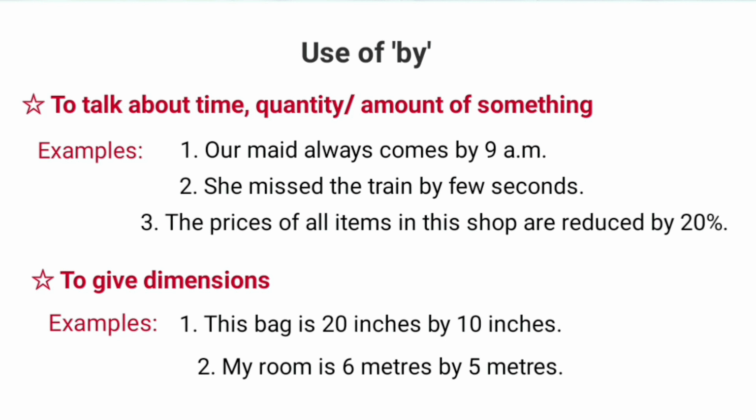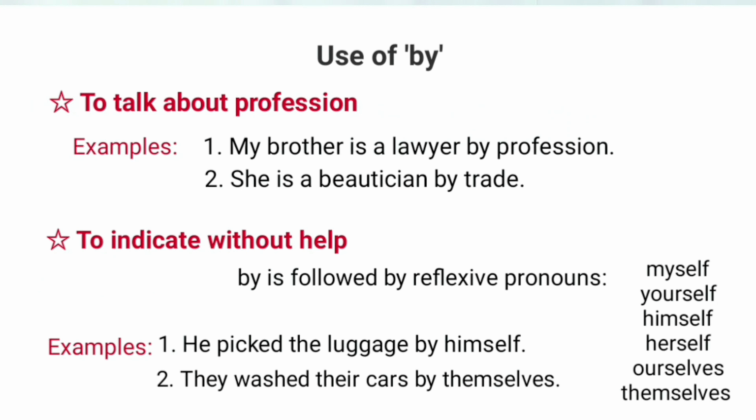Third example: the prices of all items in this shop are reduced by 20%. It also indicates amount. By is used to give dimensions. Like, this bag is 20 inches by 10 inches. This is length and breadth of the bag. Second example: my room is 6 meters by 5 meters.